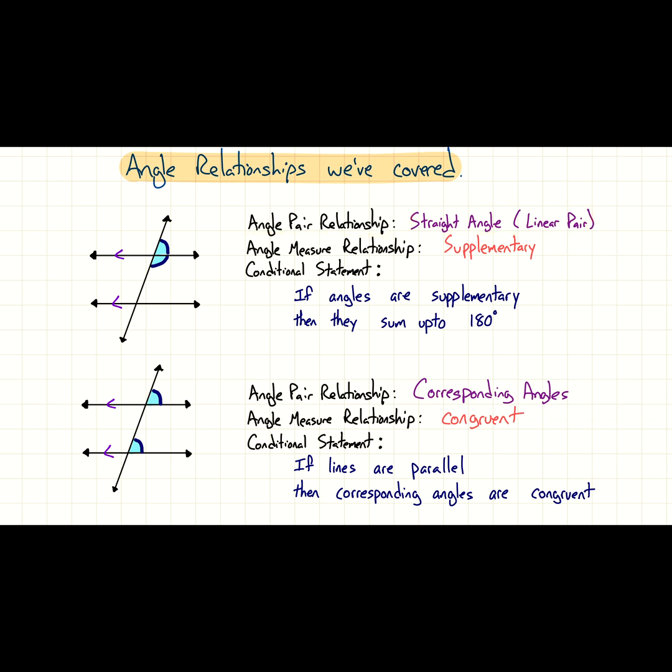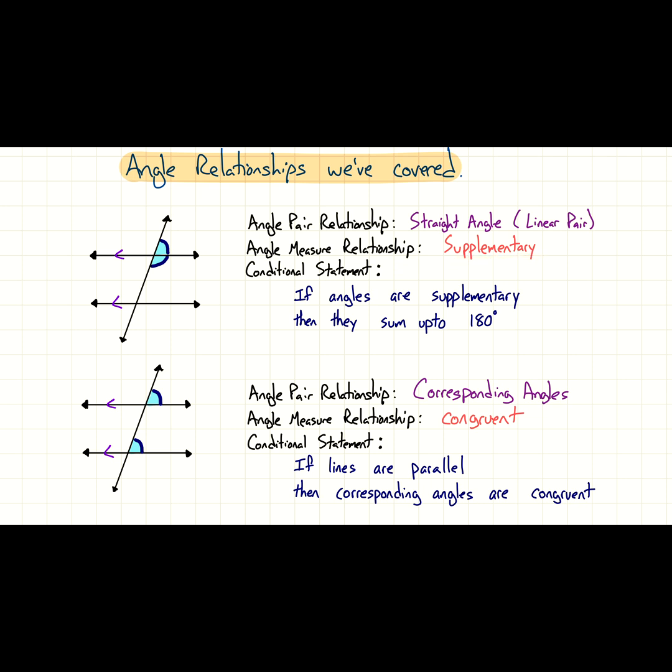That means how are the angles related? There's a name that's really based on their location. So if you think about where they're located, then they're going to have a specific name based on their location. And then how their measurements are related gives them another name.